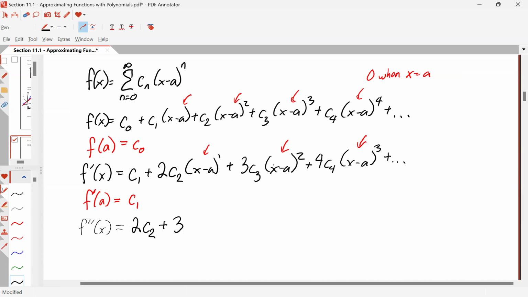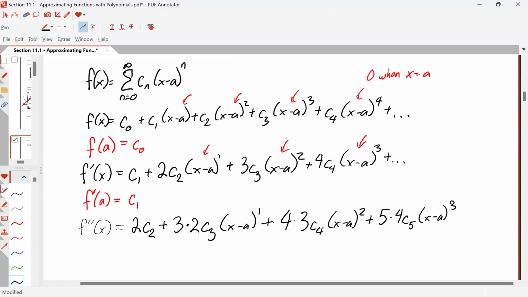Plus, then this term by the power rule will become 3 times 2 c3 x minus a to the first, plus 4 times 3 c4 x minus a squared, and I'm going to add on another term. The next one would be 5 times 4 c sub 5 x minus a cubed. And continue.